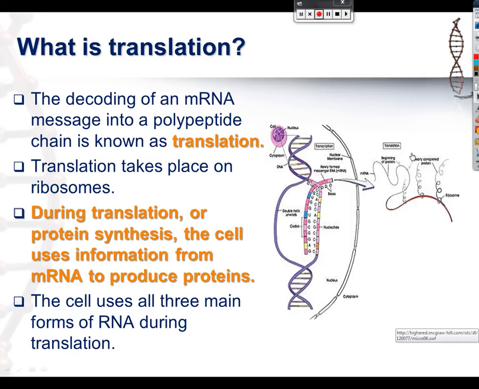So all 3 forms of RNA, mRNA, tRNA, and rRNA, are used during translation.